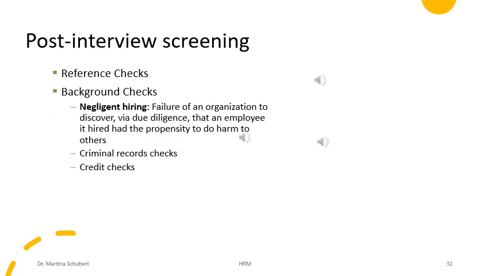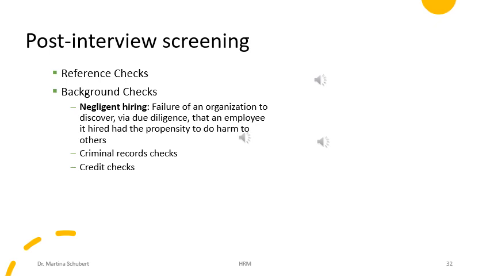When the interviewer is satisfied that the applicant is potentially qualified, information about previous employment as well as other information provided by the applicant is investigated. So you can do reference checks, which we talked about already, or you can do background checks.